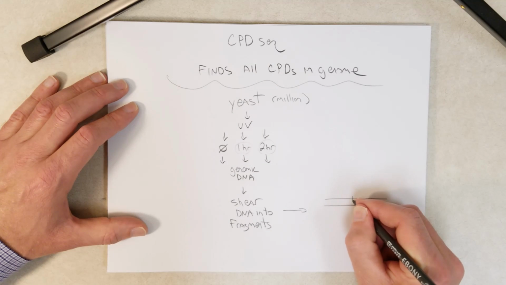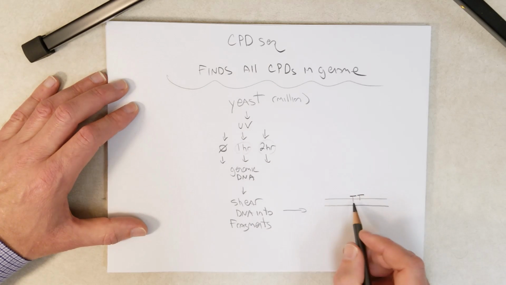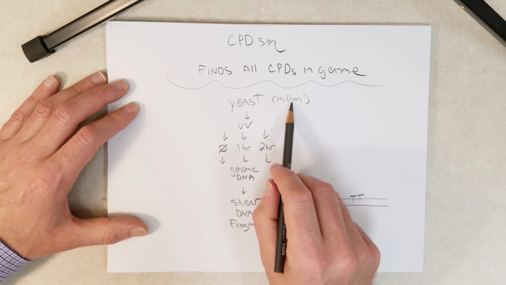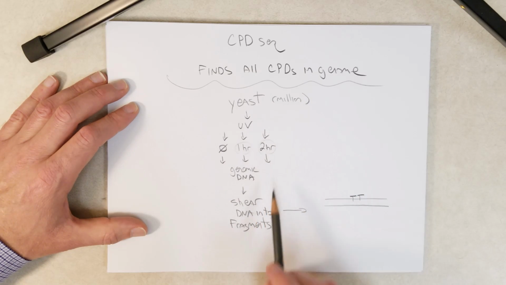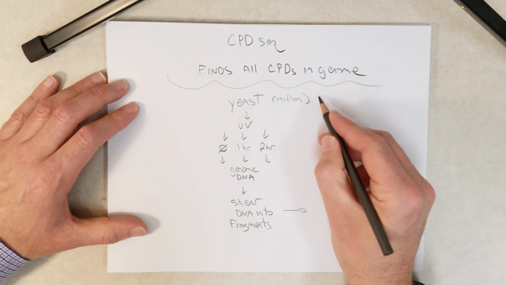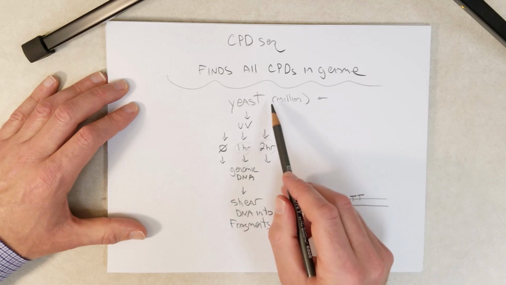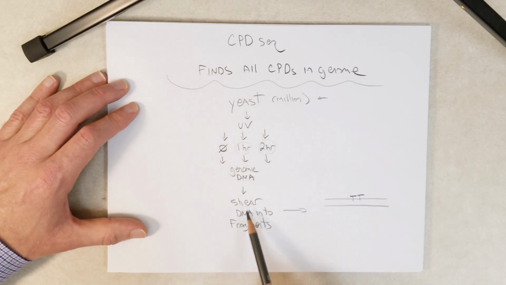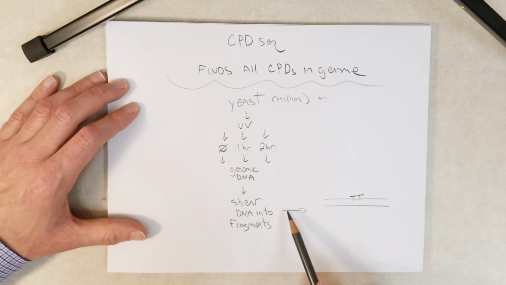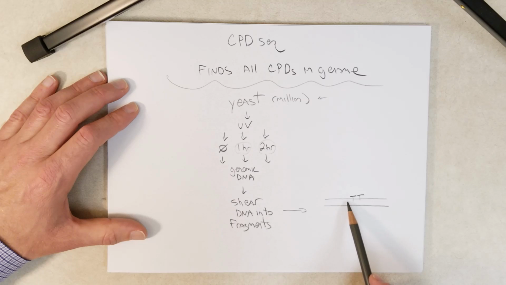And so we'll have millions of yeast. And I forget how big the yeast genome is. I'm not going to guess, but millions of base pairs in the yeast genome. And so when we're shearing all those DNA molecules into fragments, we're going to have millions and millions of these fragments here.